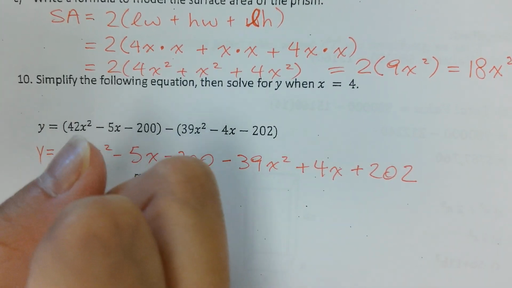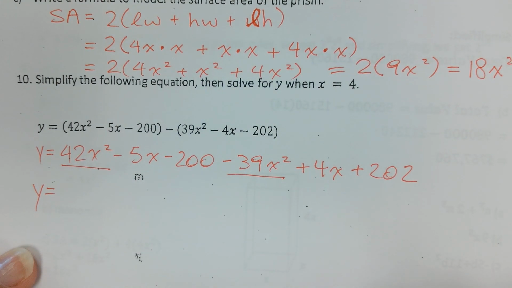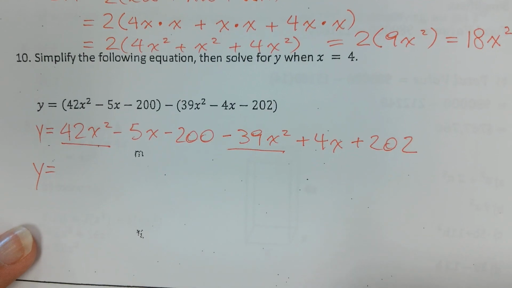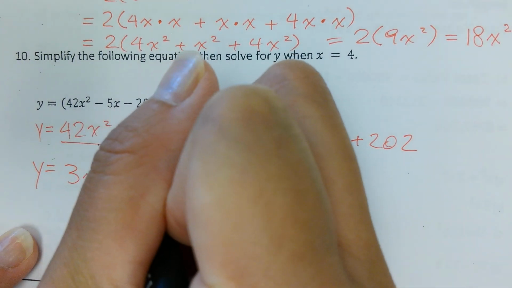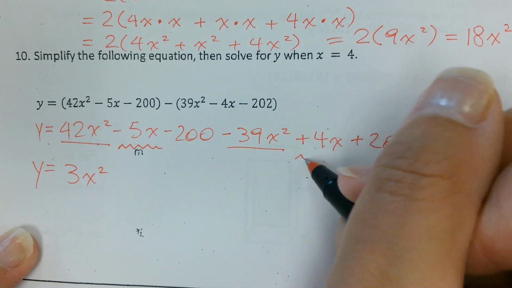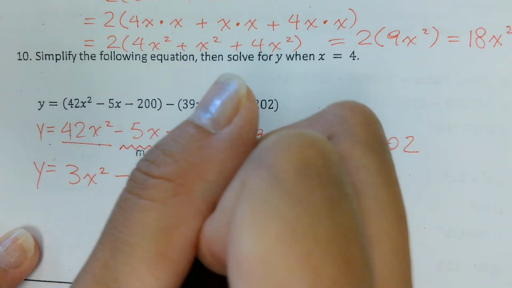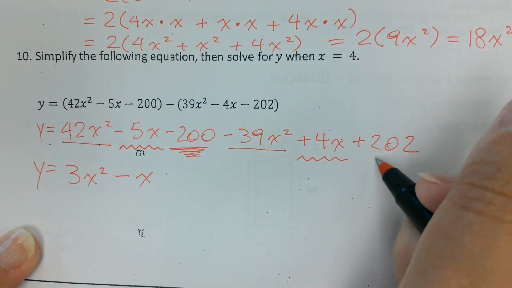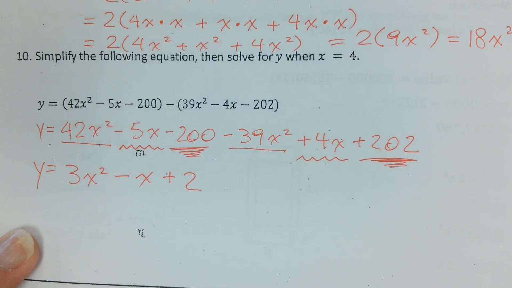Okay, collect like terms. So the 42x squared and the negative 39x squared go together and you get 3x squared. Negative 5x, positive 4x, you get negative x. And then the minus 200 plus 202, you get plus 2.